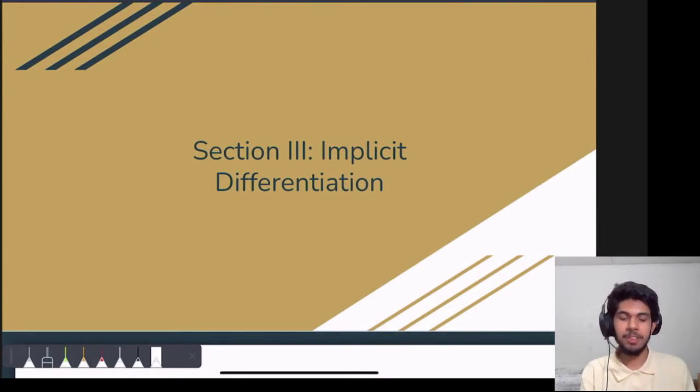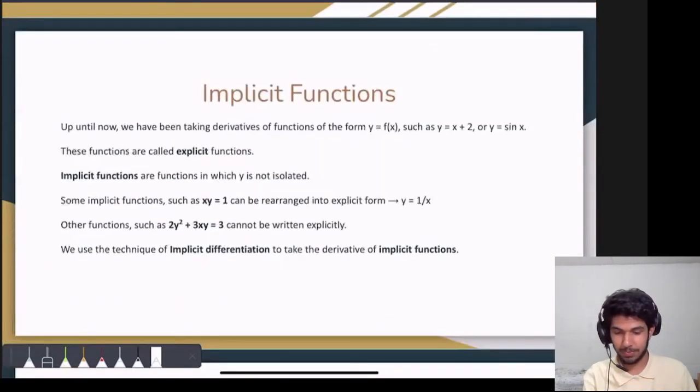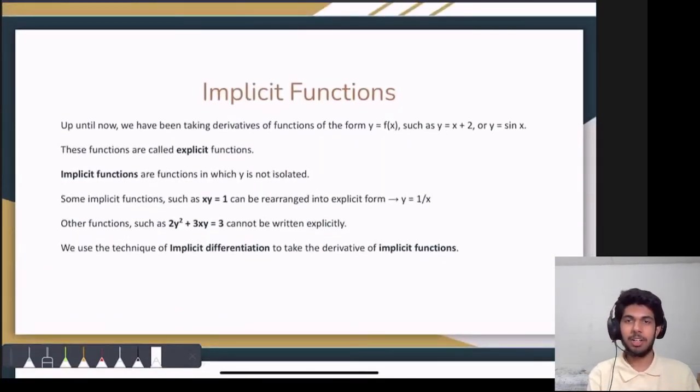So whereas the previous things we went over were tricks, this is a specific type of differentiation. And to make that clear, we will define it now. So let's first discuss what are implicit functions.